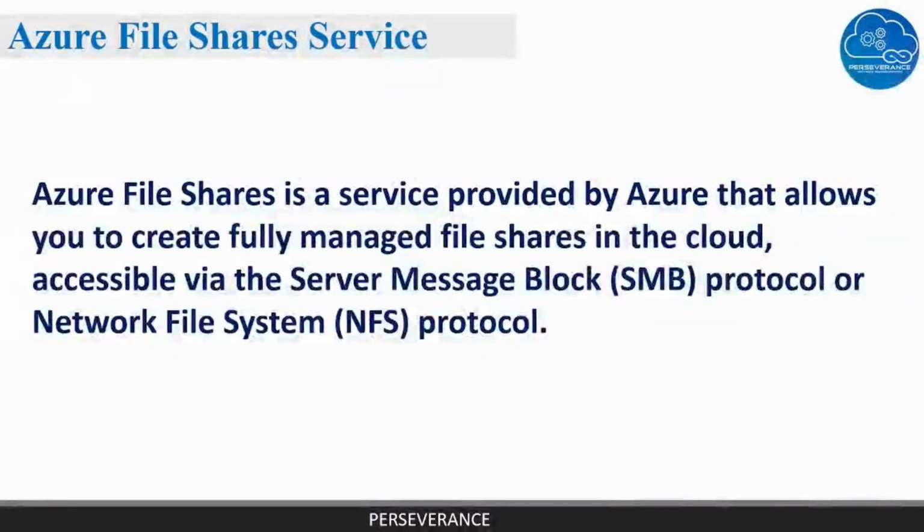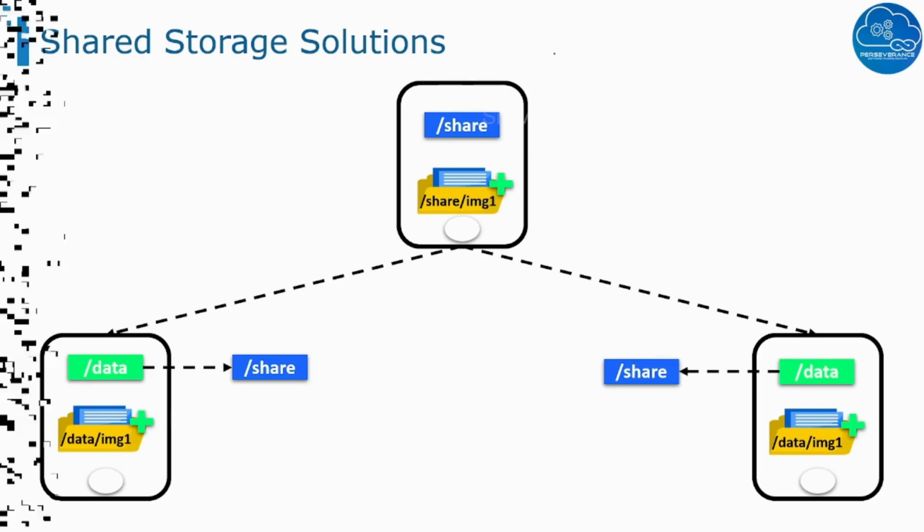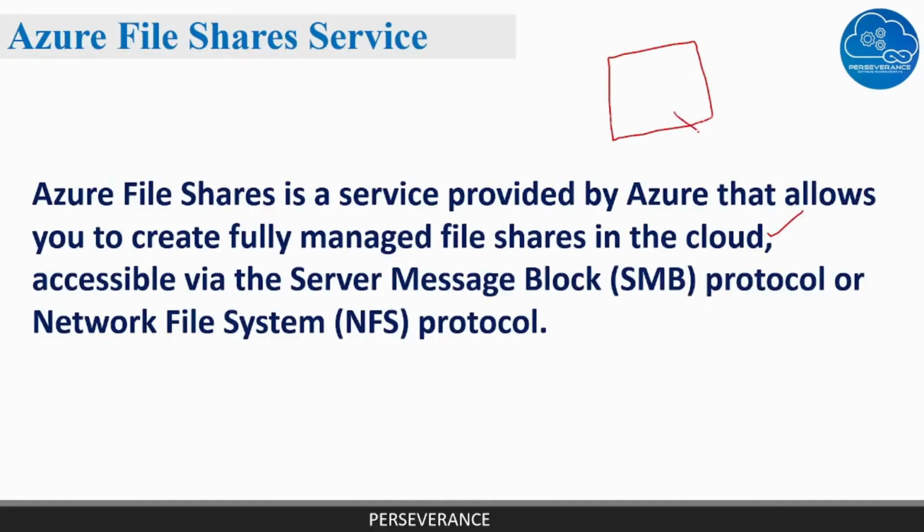Now let's understand what AFS is. Azure File Shares is a service provided by Azure that allows you to create fully managed file shares in the cloud. That's the central storage we discussed in this slide. This will be our Azure cloud itself. We are not worried about where it hosts the data, in which servers or how many servers.